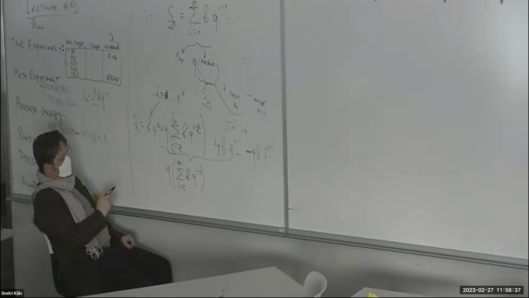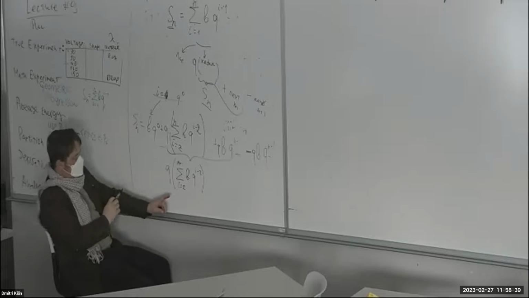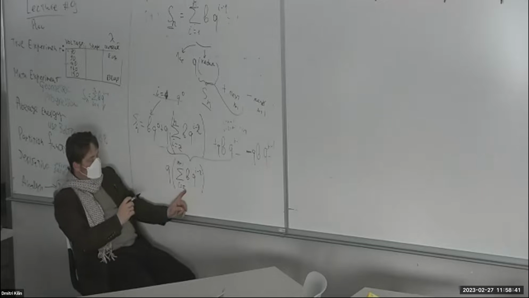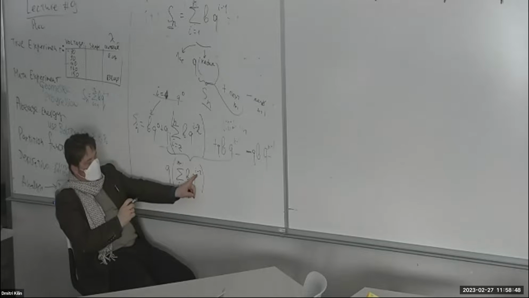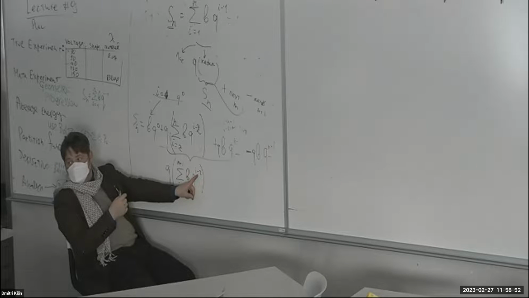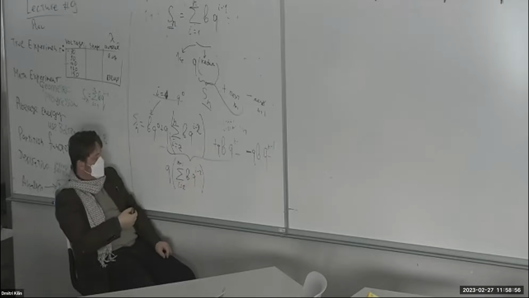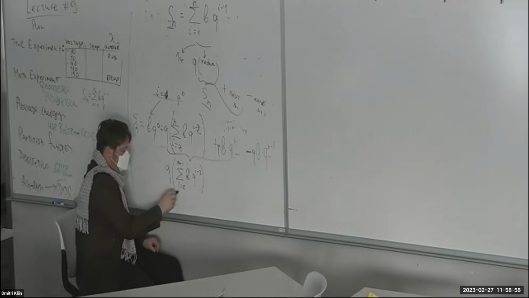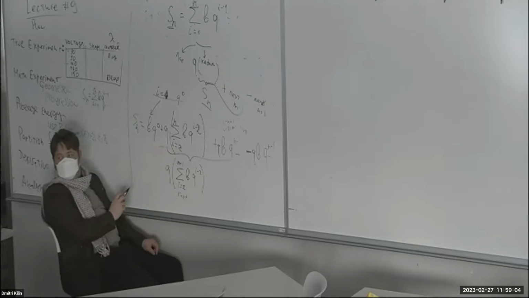But I do start counting from 2. When i equals 2, the power equals 0, right? So it will be the 0th order term, which doesn't have q, it will be only 1, right? So I can rename it as i prime equals i minus 1.